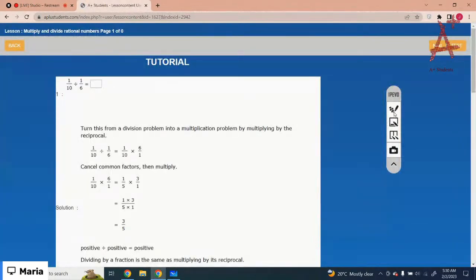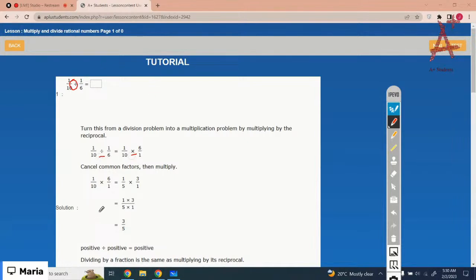So multiplying and dividing rational numbers is the same as multiplying and dividing fractions. Got it? So you have to do the same things. Like here you have divide. You have to replace the division sign with multiplication, and you have to take the reciprocal of the term right after the division sign. Reciprocal means you have to exchange numerator and denominator. So the reciprocal of 1 by 6 is 6 over 1. Got it?